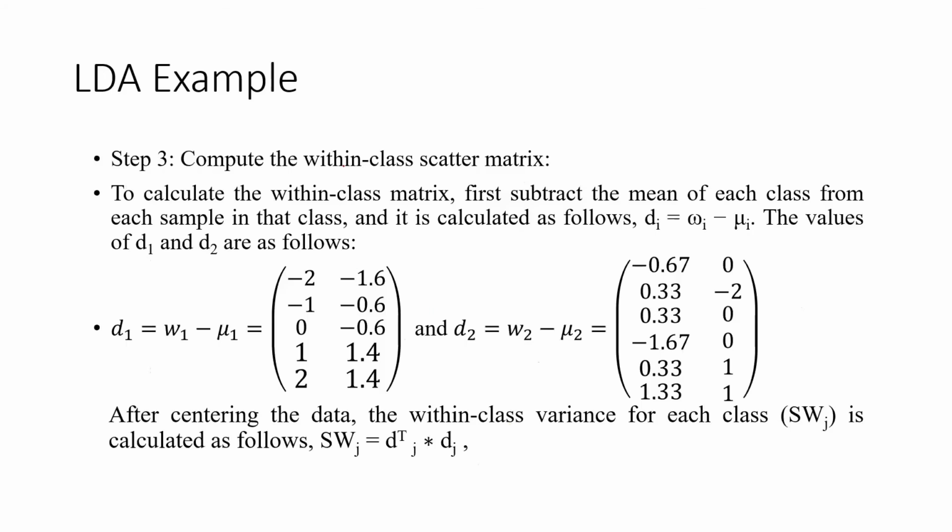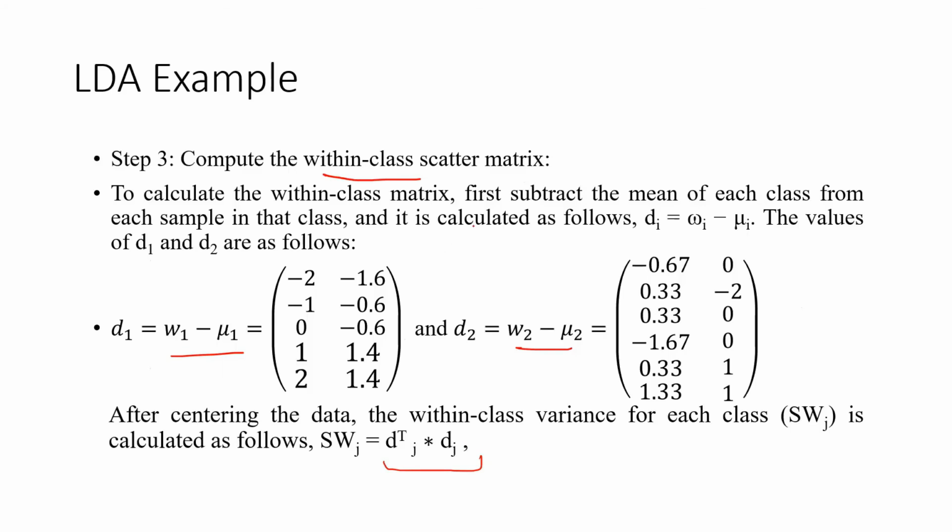Then you have to calculate the within class scatter matrix, and for that you simply have to do this process. You have to find w1 minus mu1, w2 minus mu2. By doing this you will get the values of within class, and then you have to calculate dj transpose into dj.